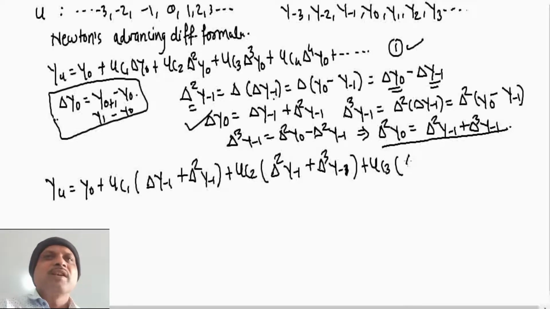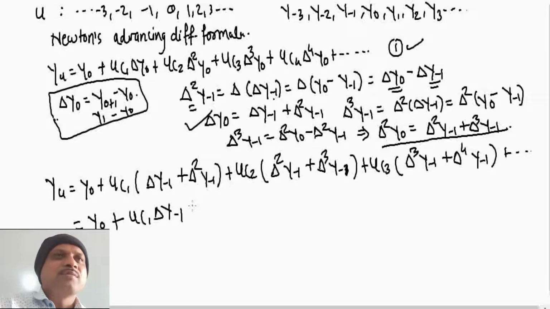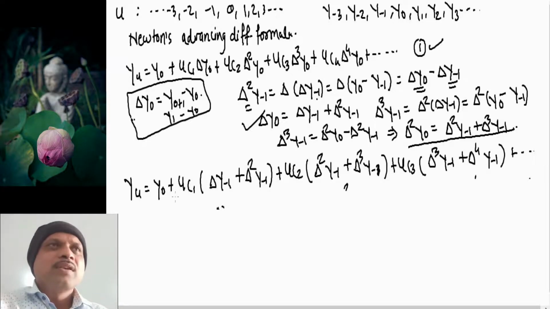Similarly, delta cube y at minus 1 plus delta raised to 4 y at minus 1, and so on. So if we put these values, y0 plus uC1 delta y at minus 1 plus uC1 delta square y at minus 1 plus uC2 delta square y at minus 1. Let us see the values.